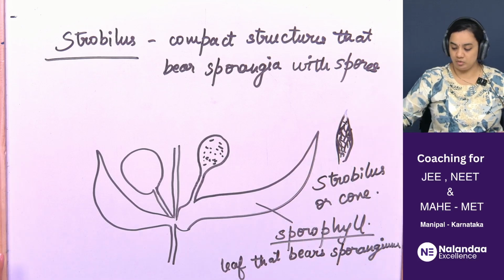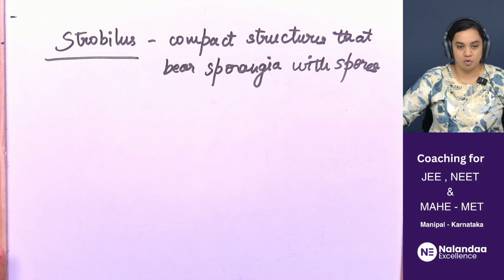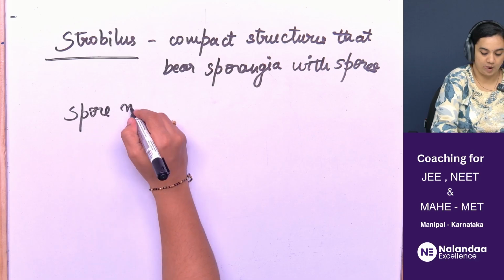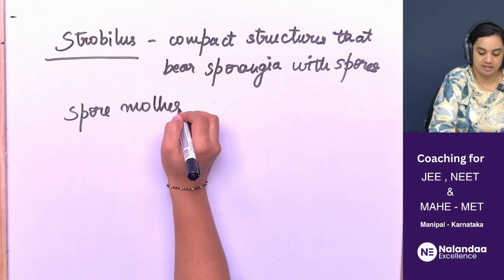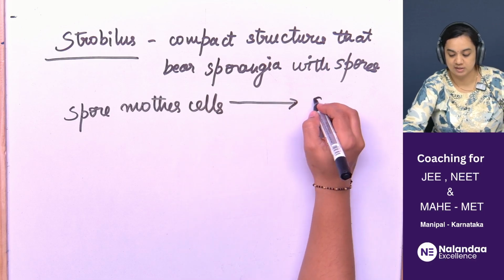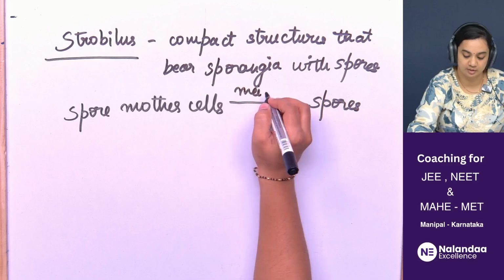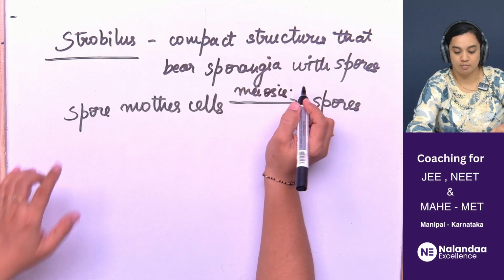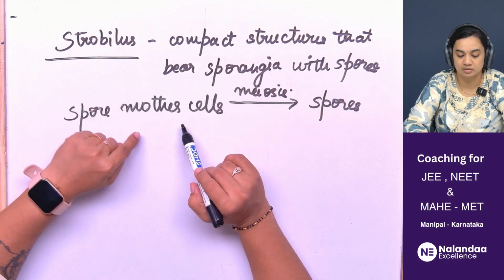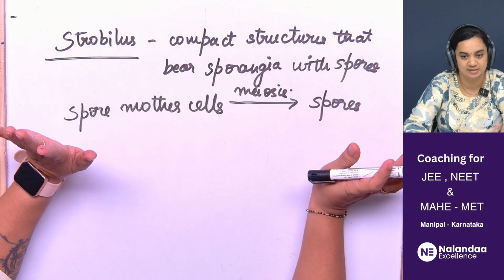Okay, so this is about the sporangium. Now inside this sporangium, how does the spore get produced? There are spore mother cells that will undergo meiosis to form spores. Okay, so the strobilus will contain sporangia. Inside the sporangium there will be spore mother cell which undergoes meiosis to form spores. Is this clear?